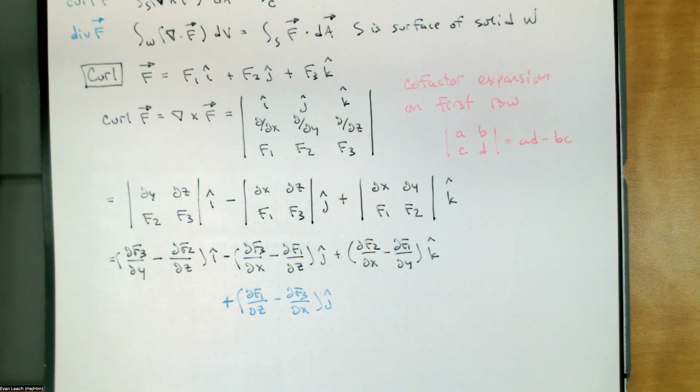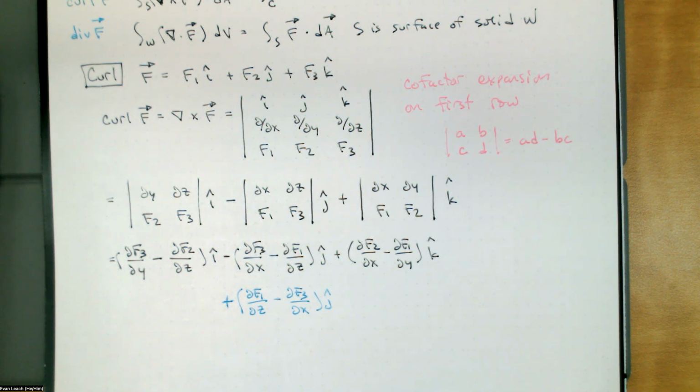I don't know when. I don't want to inflict that psychological damage on you, so I want to say, this is how I write the curl, and this is how it's more commonly written. So I want to acknowledge, even though I don't like this blue J term, I prefer this way to remember it. I realize that I am the weird one in this scenario.